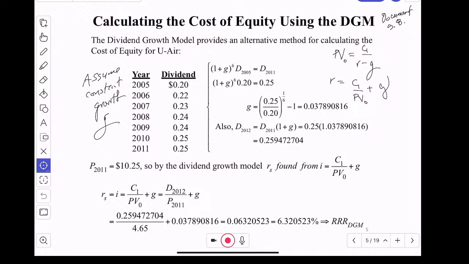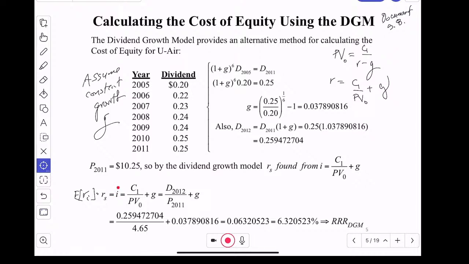I make a point that this is the return to the stock, so this is RS. This is like our I, but we use the notation RS now.